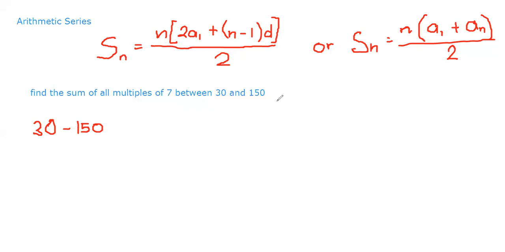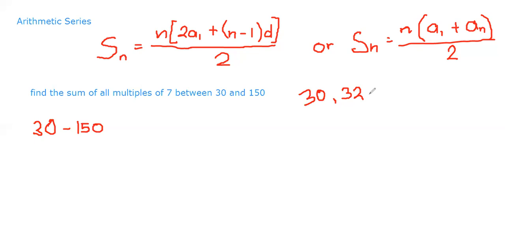So, simula tayo kay 30. Si 30 ba multiples of 7? Hindi. Si 32, multiples of 7 ba siya? Hindi, no?